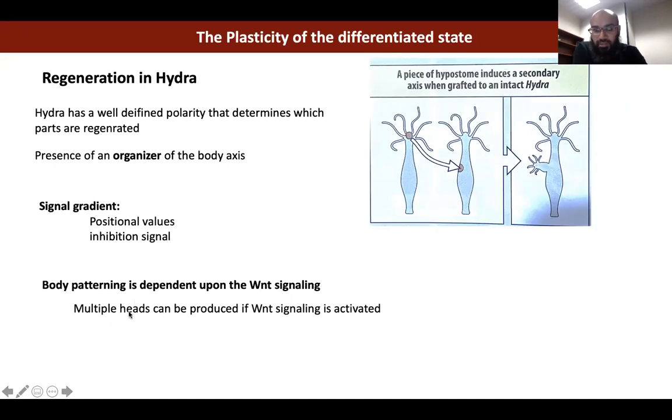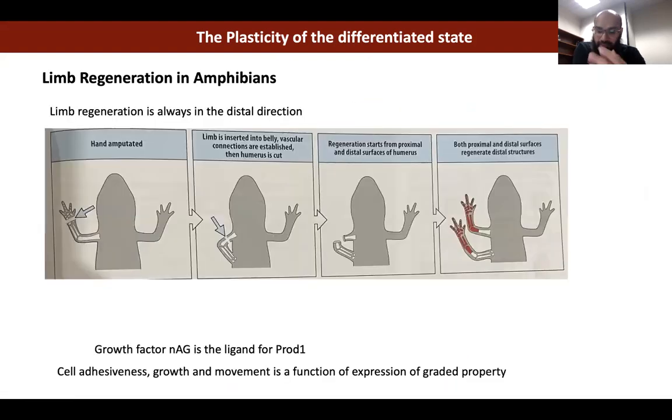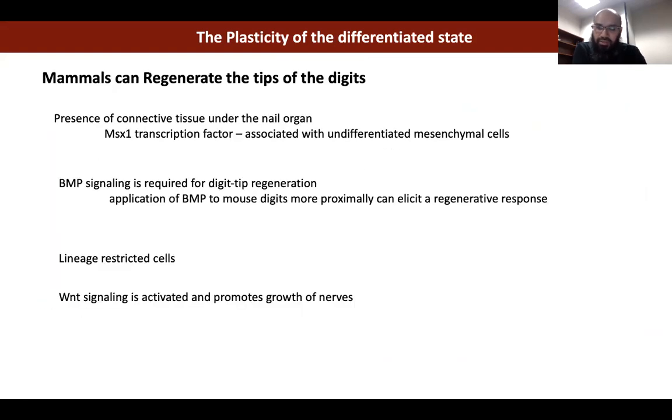So that tells us that Wnt signaling is very important in knowing what structure to grow and how much to grow. And there again, it must have some kind of gradient that goes down as you go from proximal to distal. But yeah, it's not completely known.